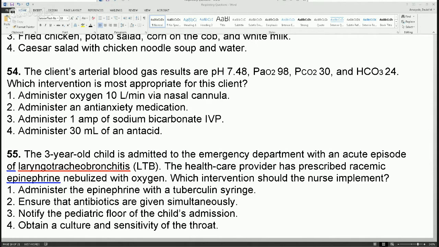Lungs. We're going down. So we're getting heavy, getting fast. Anxiolytic. You got it. The client's respiratory alkalosis is caused by hyperventilating. That's our drama queen. Yep.